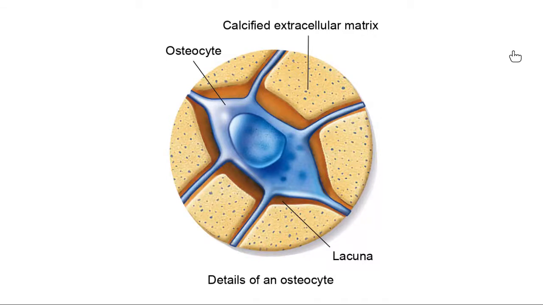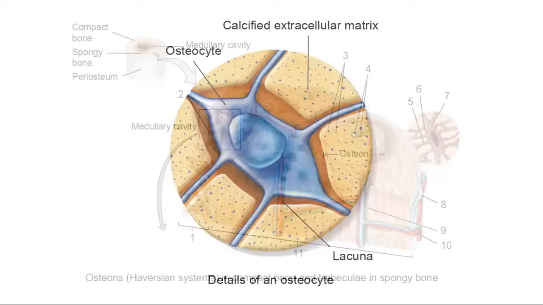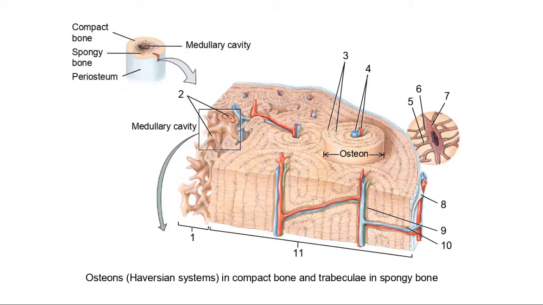And you have a model in your lab which is very similar to this picture. In this model, we have many osteons. This is a compact bone, so we don't have any space. We have different osteons here.